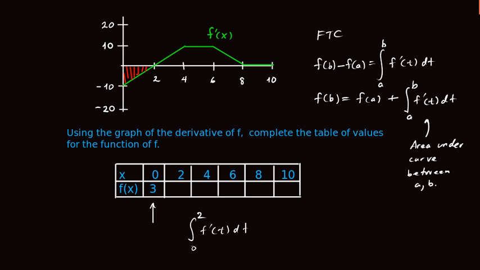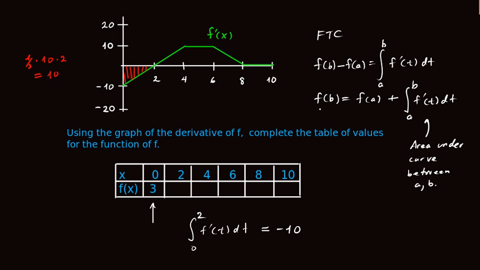Now this area is a triangle, so it's 1/2 times 10 times 2, which is equal to 10. So the area of this triangle is 10. But notice it's a minus 10 because we're working below the x-axis. So the total change in this particular case is minus 10.